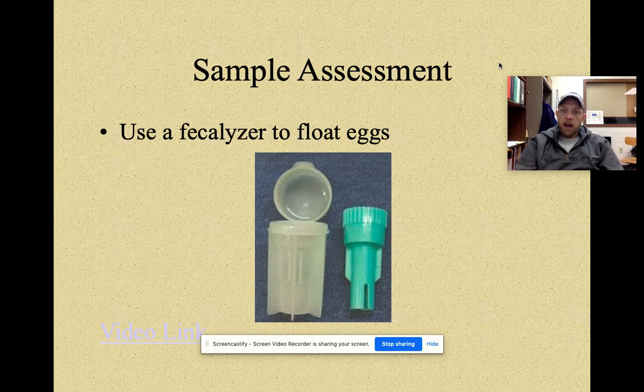In livestock, we might not have a fecal sample waiting in the rectum, so we might have to utilize one that we collect. And once we have a collected sample, we can also use the end of this fecalizer to see what is in that sample. So let's take a look here how it works.